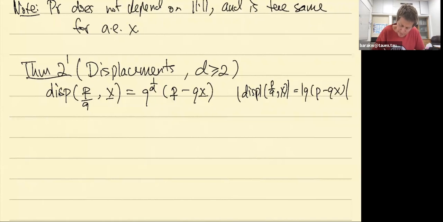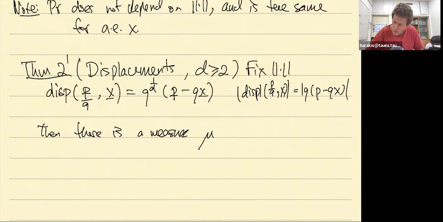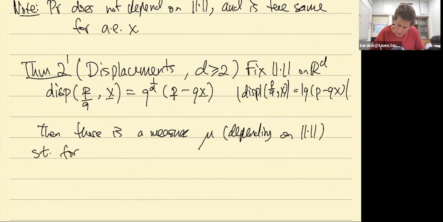And then the theorem says, so I'm fixing the norm first. Then there's a measure mu. It depends on our norm such that for almost every x, we have that the displacement of the convergents equidistributes.